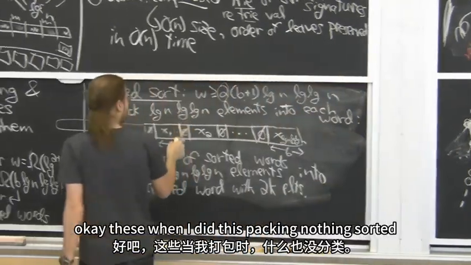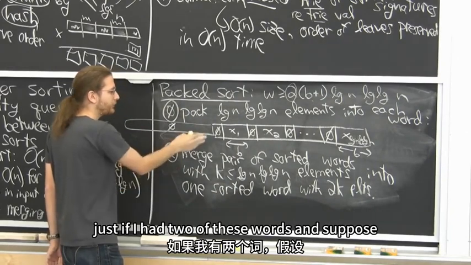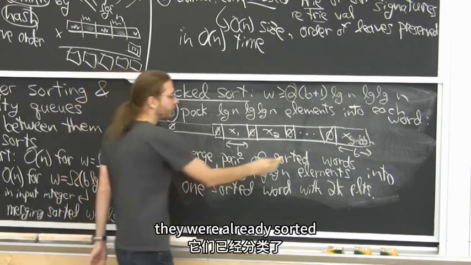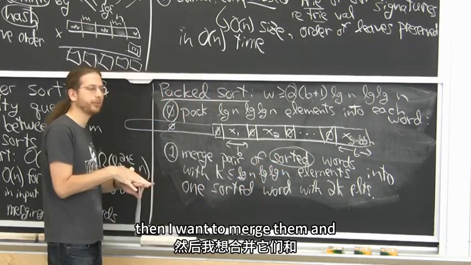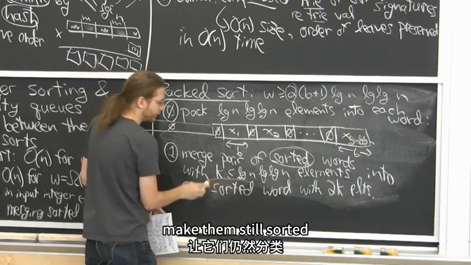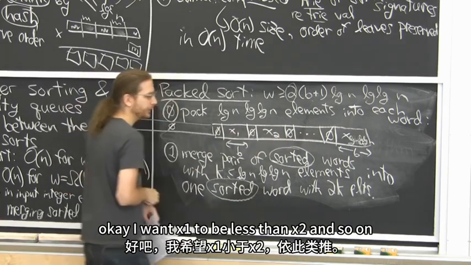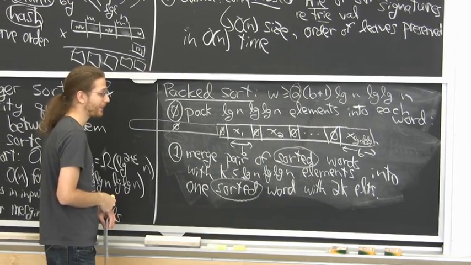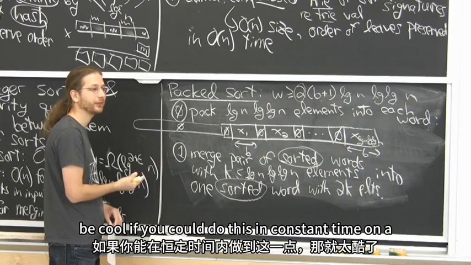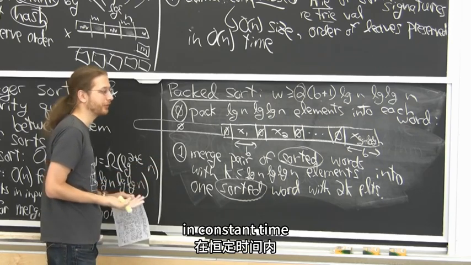So I have two of these things, and I'll merge them in sorted order. When I did this packing, nothing's sorted, but don't worry about that at the moment. If I had two of these words, and suppose they were already sorted, then I want to merge them and make them still sorted. Okay, I want x1 to be less than x2, and so on. How much time? It'd be cool if you could do this in constant time on a transdichotomous RAM. You could do anything on a constant number of words in constant time.